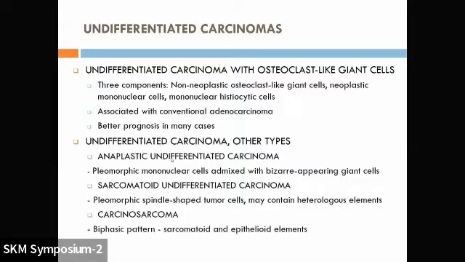The other undifferentiated carcinomas have actually overlapping features, and they include the anaplastic type, as we saw in our case, the sarcomatoid type, or it could be carcinosarcoma. But it is sometimes difficult to subtype these different types. Again, these types of undifferentiated carcinomas carry a very poor prognosis, even worse than the conventional ductal adenocarcinoma.